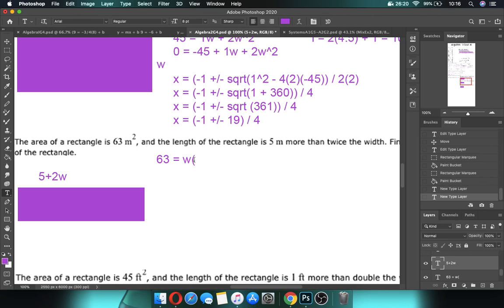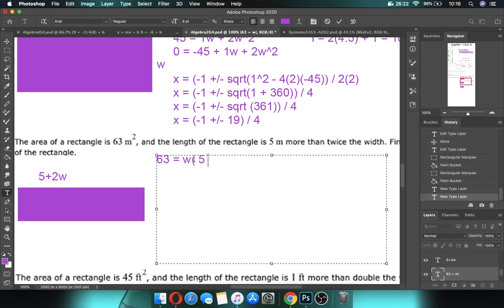So what goes in here is going to be 5 plus 2w. So 63 equals 5w plus 2w squared. Subtract 63 from both sides, so 0 equals negative 63 plus 5w plus 2w squared.